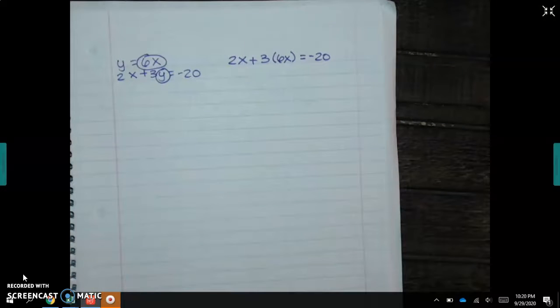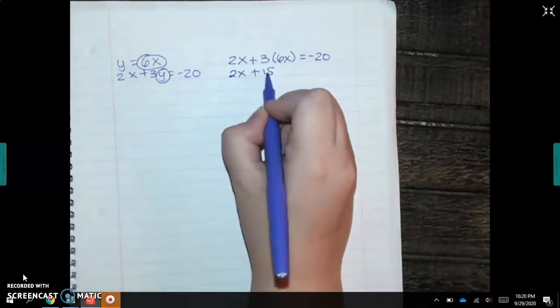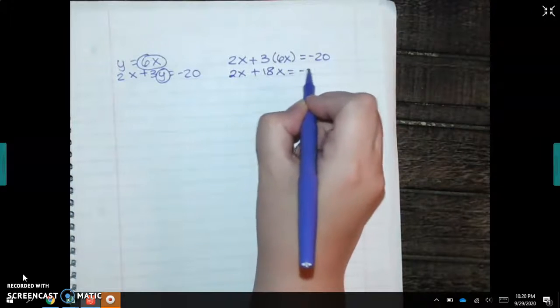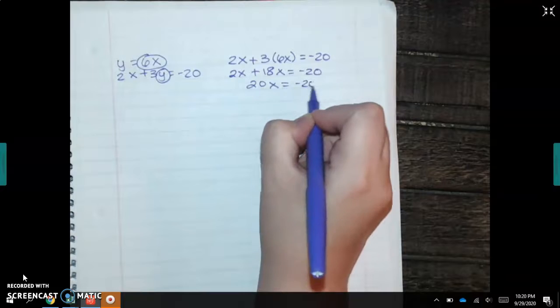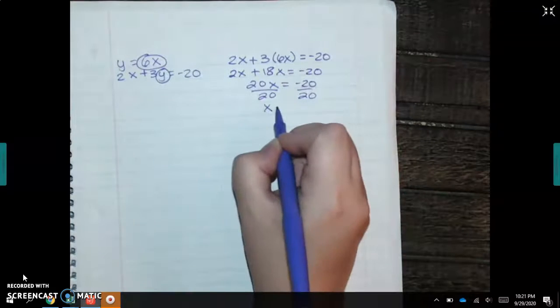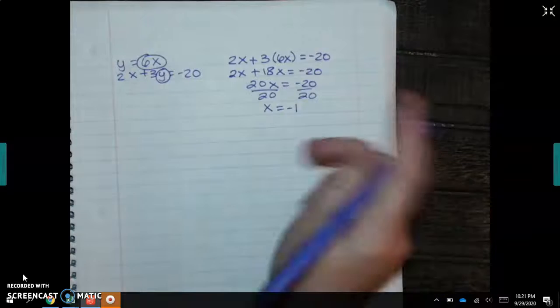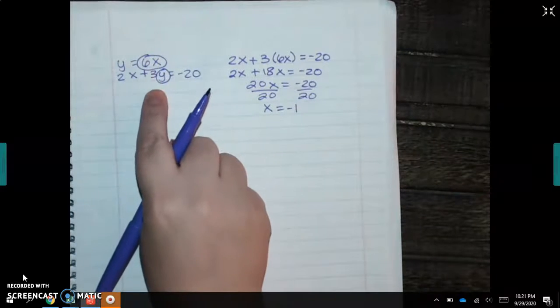Now that you only have one variable in your equation, you can then solve for its value. So you have 2x plus 18x equals -20. Therefore, 20x equals -20. Divide both sides by 20 to give you x equals -1. You will then take -1 and plug it back into either one of these equations.